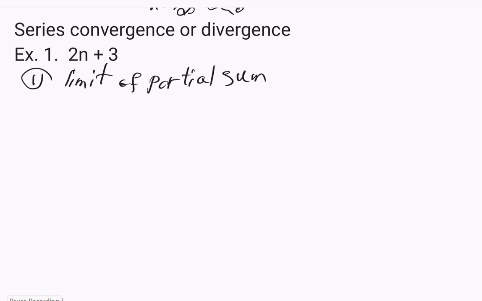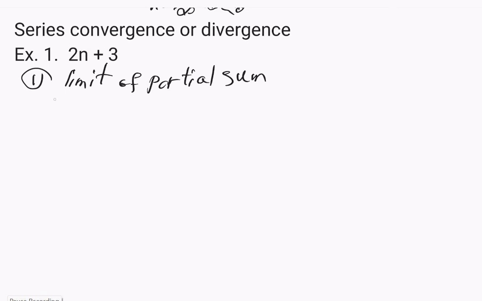Then we take the limit of that. So the one method is to take the limit of the partial sum. What type of sequence do we have?